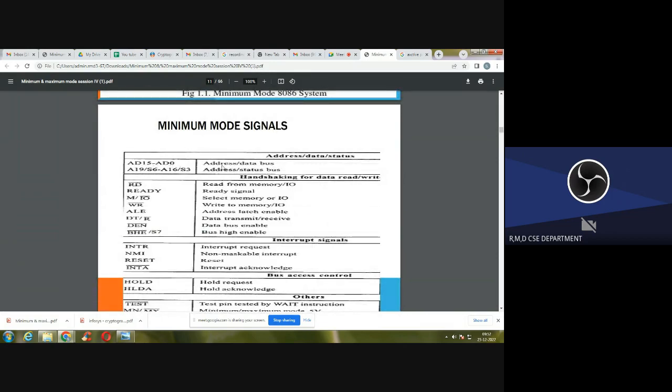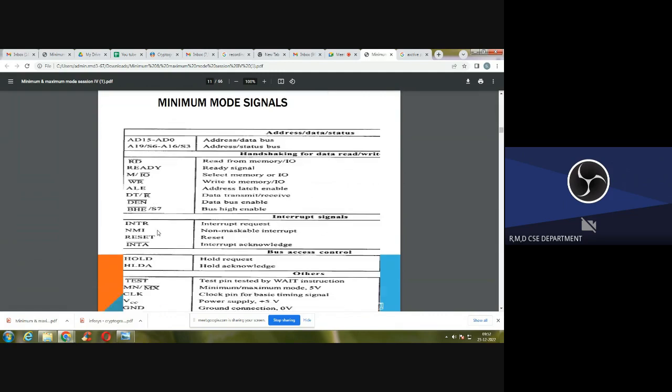These are the minimum mode signals. AD15 to AD0 stand for the address and data buses. A19 is the address and status bus. RD stands for read from the memory. READY is the ready signal. M/IO selects the memory or IO operation. WR is the write operation. ALE is address latch enable. DT/R is data transmit or receive. DEN is data bus enable. BHE is bus high enable.